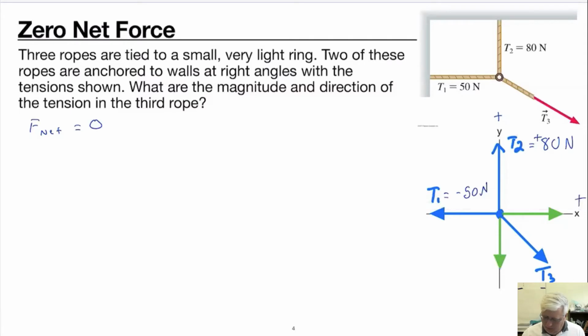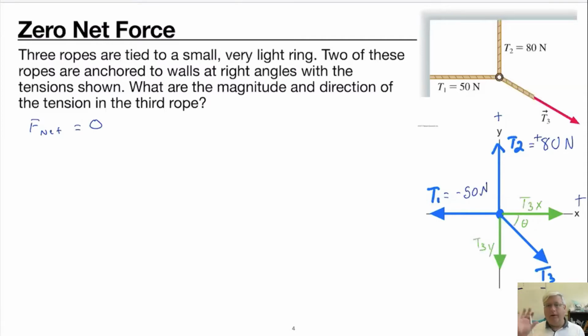Okay, so I'll call the component along the x-axis T3x. So that's the x component of tension 3. And then this would be T3y, all right? The y component of tension 3. And of course, there's going to be some angle with respect to the x or y axis.